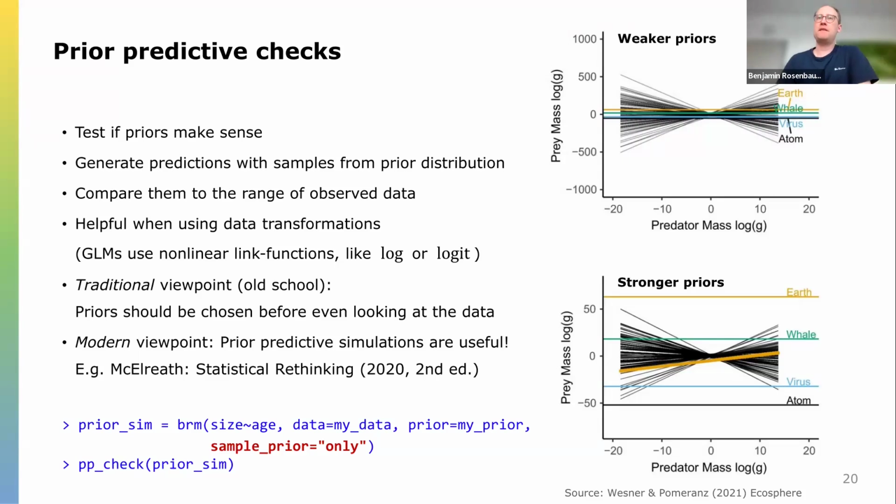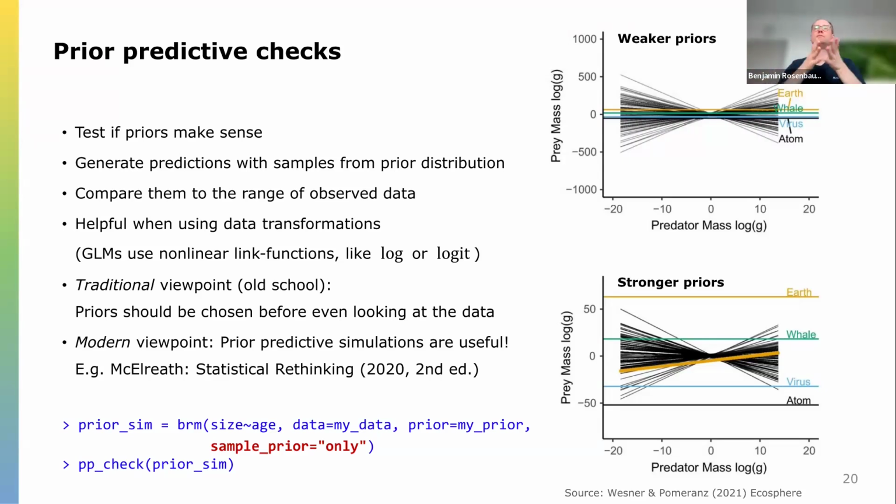And this is a way of comparing what you expect from the priors to the data. That's often a bit controversial because you say, okay, the prior information is your belief and the data information is in the likelihood.